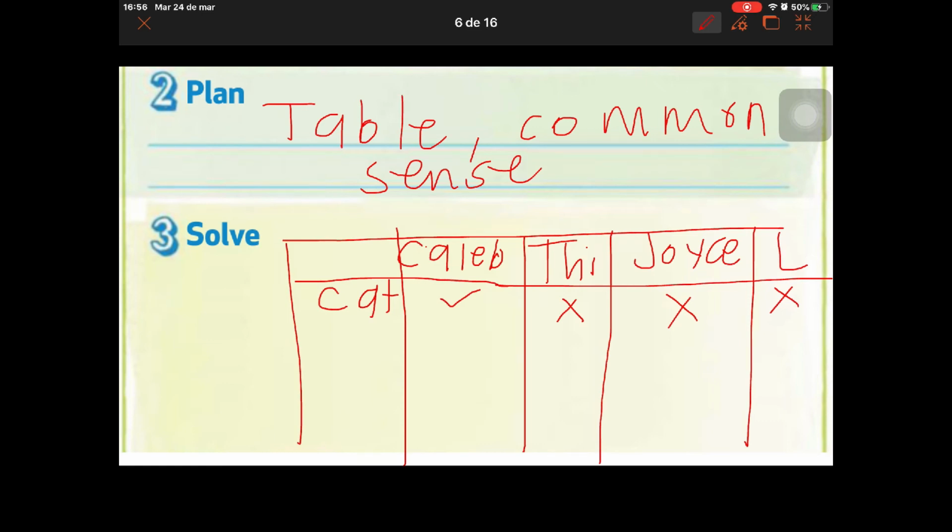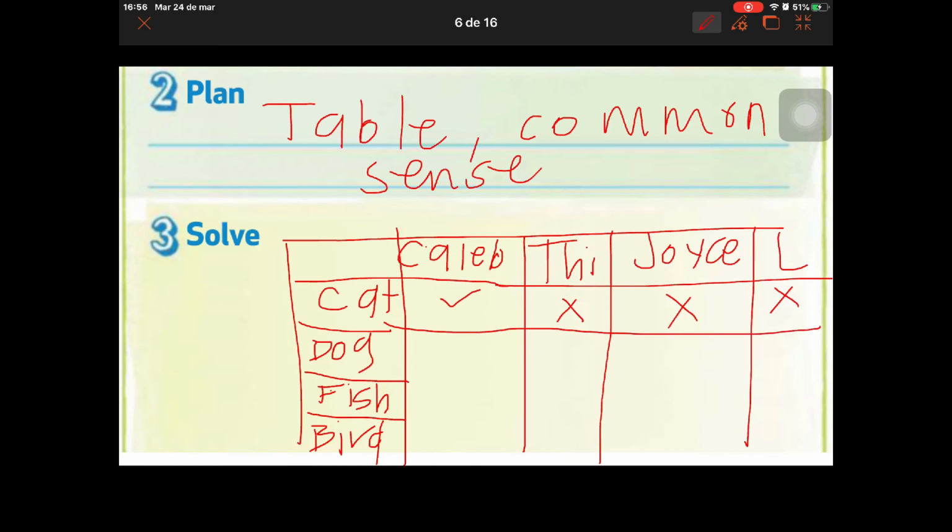Who has a dog? Let's see. Ty does not have a dog or a fish. Well, let me finish the table first. We have cat, dog, fish, and bird.